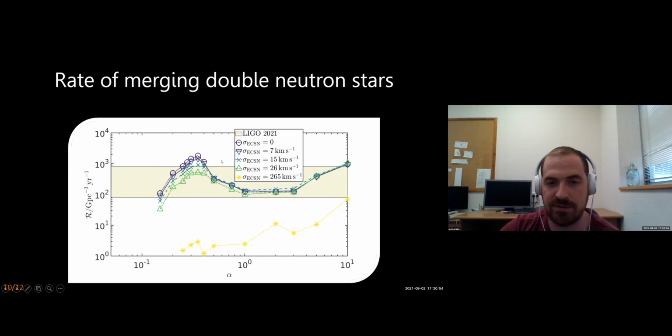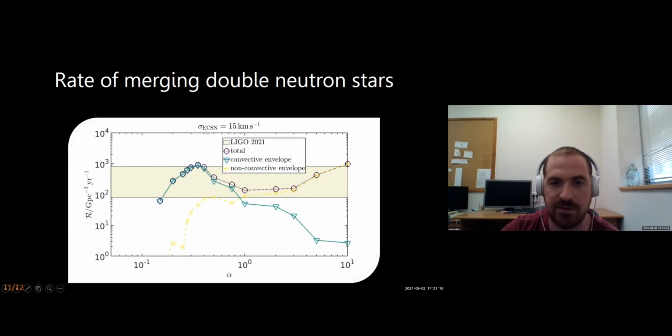And now we take these numbers of systems from the grids and compute a rate using some star formation history and metallicity distribution to combine the different metallicities. And this is the plot that I showed in the beginning. Again, decomposing this for one of the kick velocities into different channels, we can see this dependence on the channel.